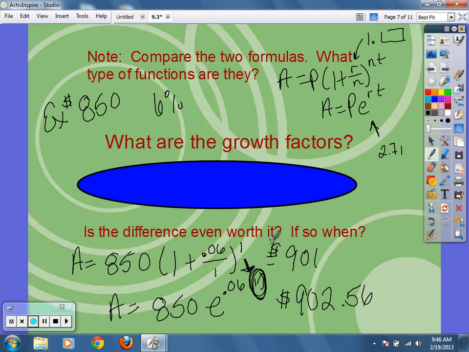So the difference isn't really worth it unless you're looking at a very long time of investing, in which case that second exponent will come into play and e will make it quite a bit bigger. But the difference isn't worth it very much for banks, so sometimes they will continuously compound, just because of the simplicity of the formulas and saving time working on the numbers rather than using the more complicated formula.